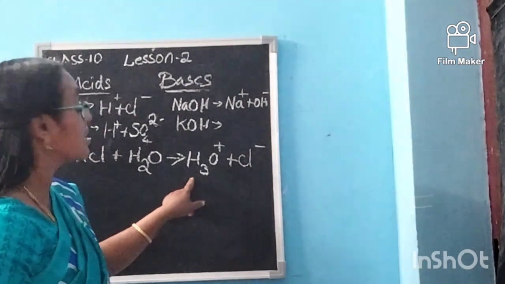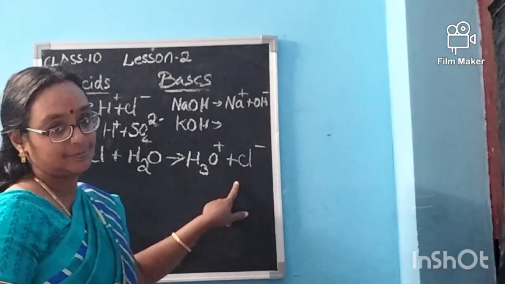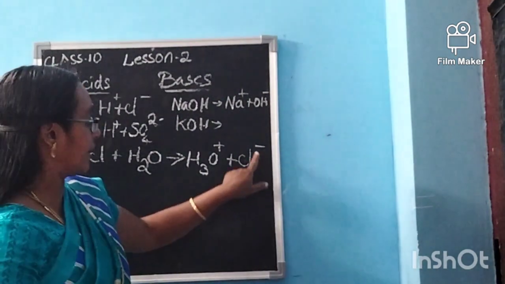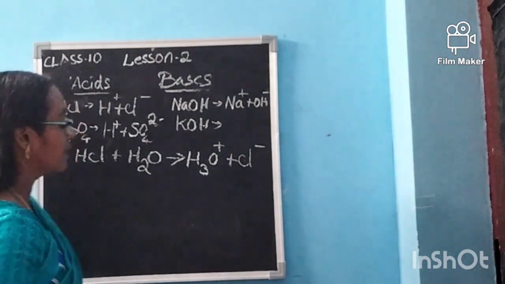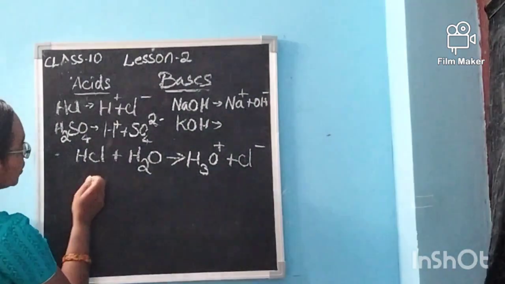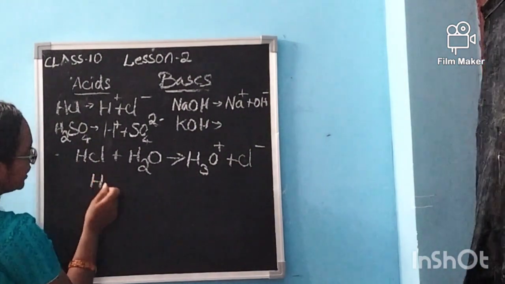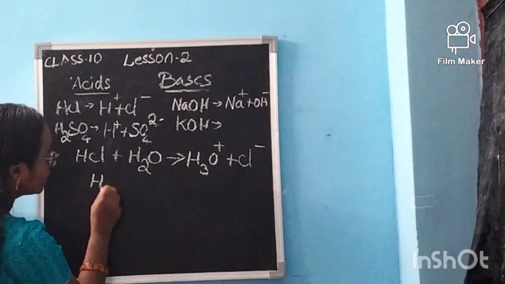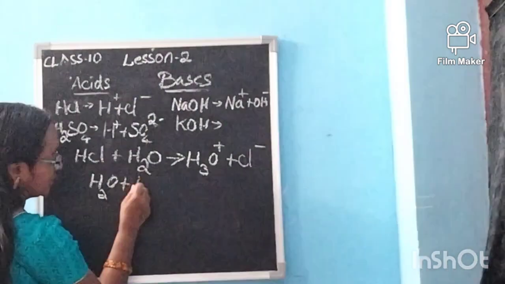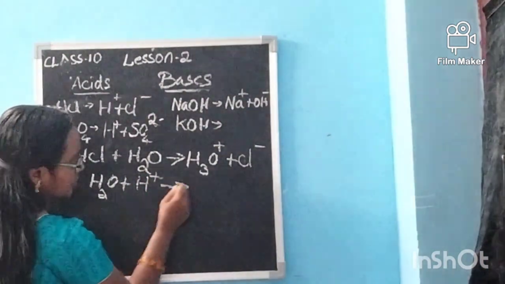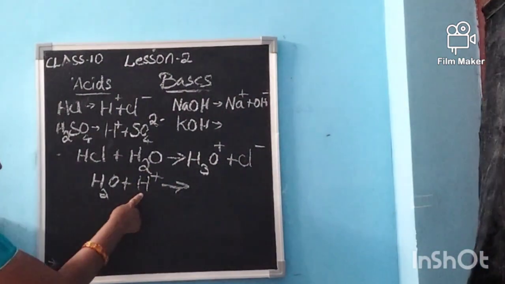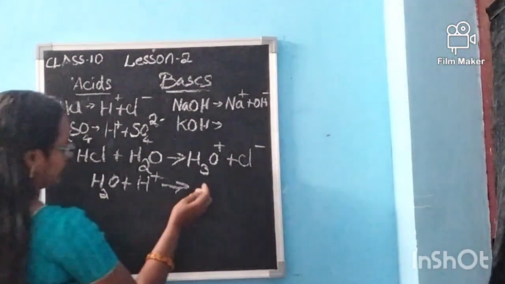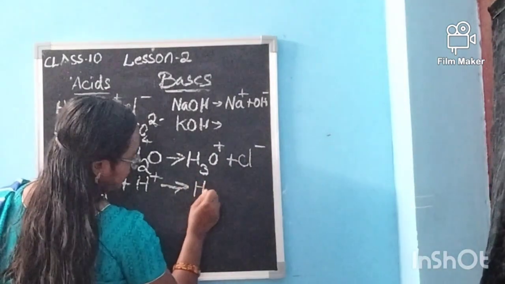Hydronium ion is formed along with chloride, Cl−. Okay, how is H3O+ formed, do you know? Water when reacting with H+ will give you H3O+. This H+ is very unstable. That's why when reacted with water, we are getting H3O+.